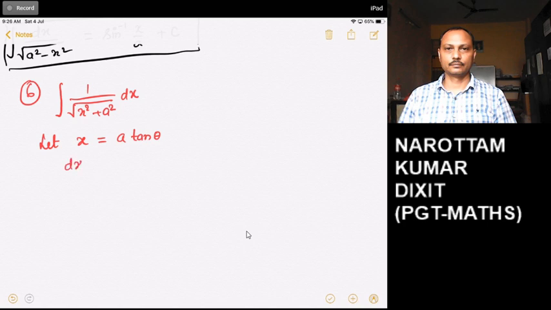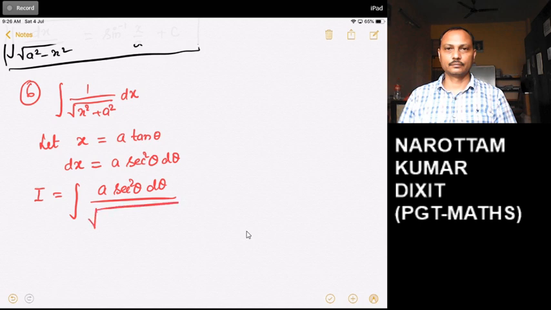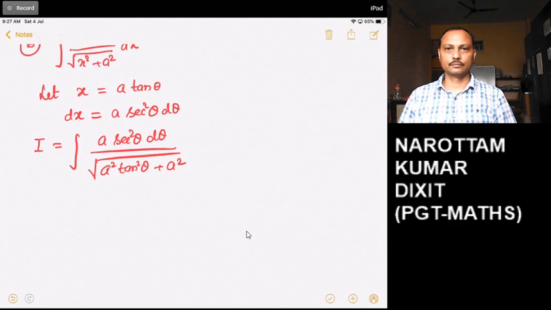Now the derivative of x is dx, derivative of tan theta is sec square theta d theta. So it is equal to a sec square theta d theta in place of dx, and in the denominator we have a square tan square theta in place of x square plus a square by substituting the value x equal to a tan theta.